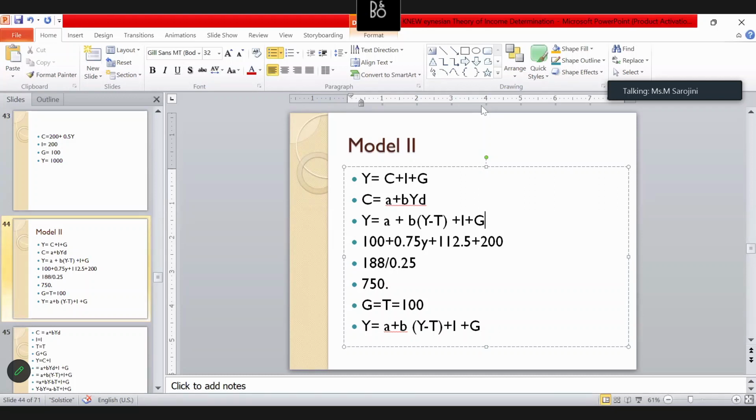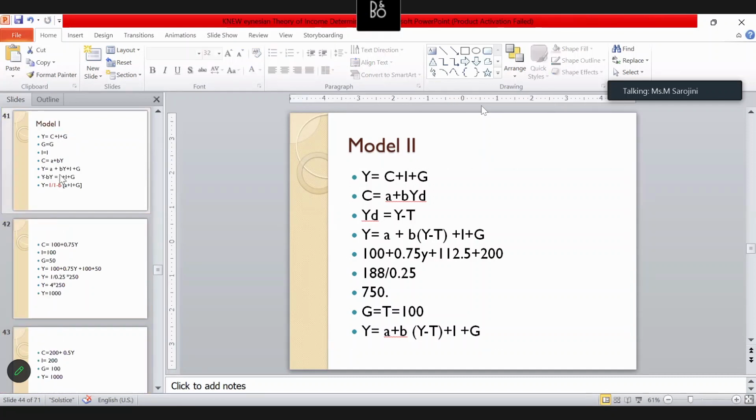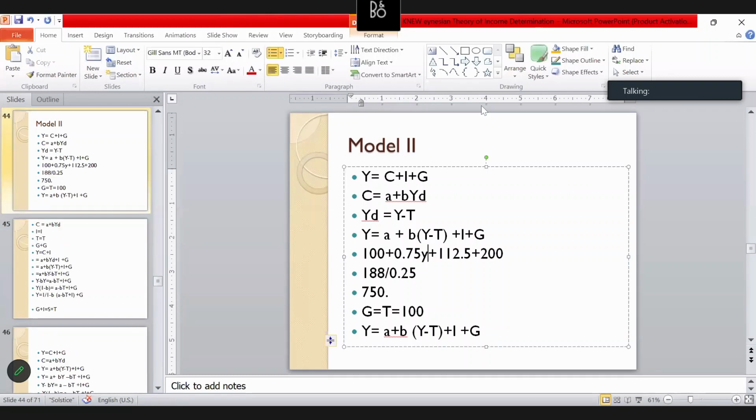Here our consumption function is C equals A plus B YD, where YD is equal to Y minus T. Therefore, instead of YD, we substitute Y minus T, plus I plus G. Applying the previous equation, that is equal to 100 plus 0.75Y.